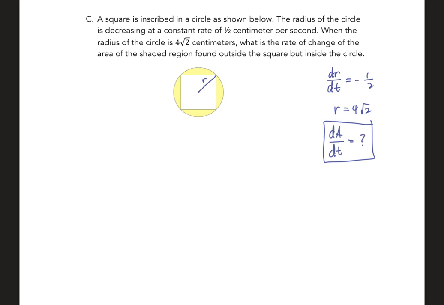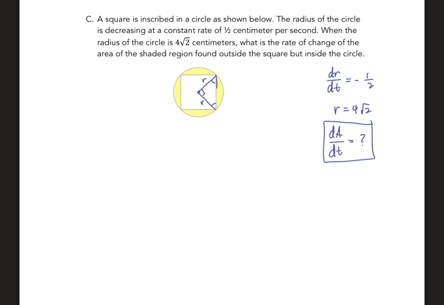We can do this different ways. I'm going to do it differently than I did in class, just to see that one way of doing it isn't the only way. Think about if I did this. That's a radius also, and this makes a right angle. Do you notice that these are both 45-degree angles?